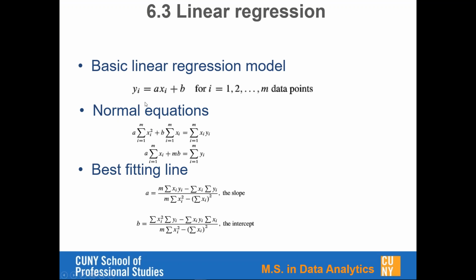That's really linear regression. And then hope you already know we can set up a set of normal equations by doing partial derivatives. You would be able to find the best fitting line. And then here is a solution of that best fitting line, which would be that if you can find the slope of that line, and also the intercept, essentially you define the line already.